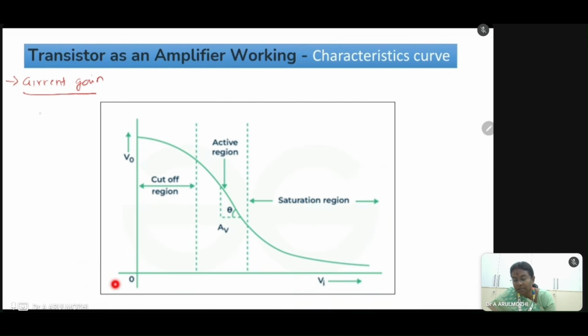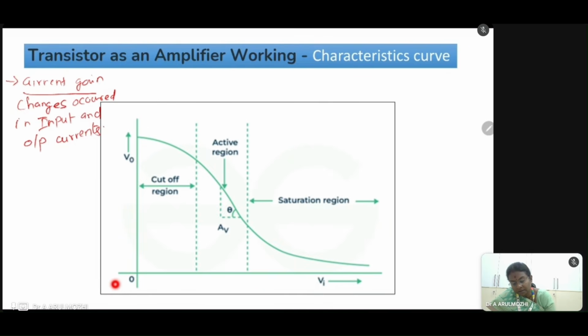So current gain is nothing but the changes occurring in the input and the output currents. Okay. So this is called the current gain.